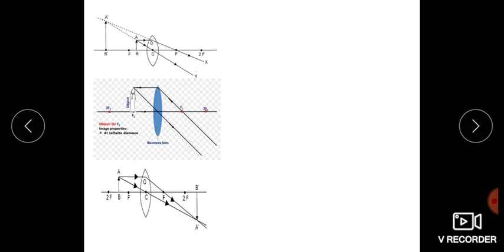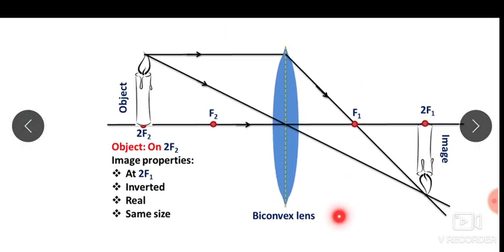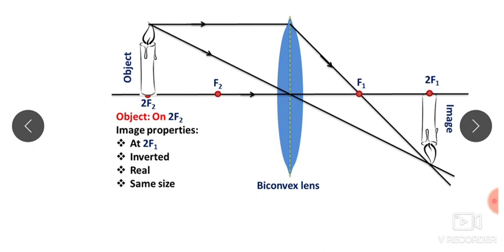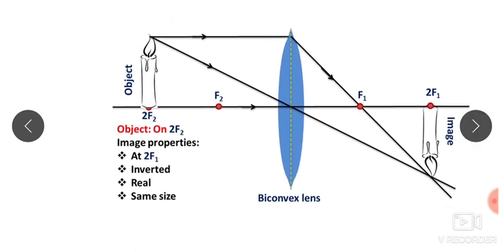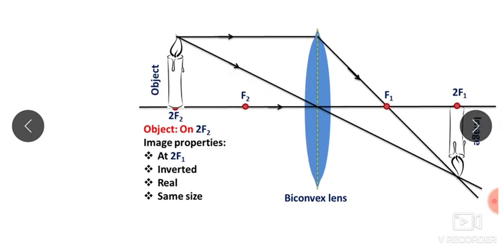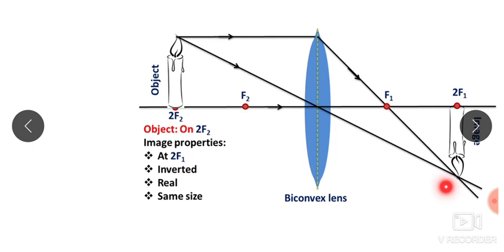So next we are going for the fourth case. Previously we kept the object in between 2F and F, but here we are keeping it exactly at 2F. The same rays, one passing through the optic center and one parallel, meet at this point.